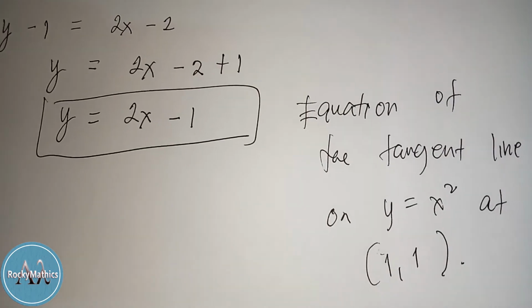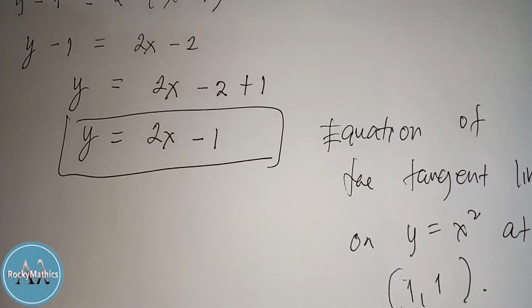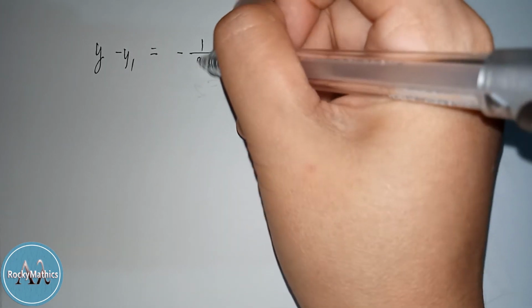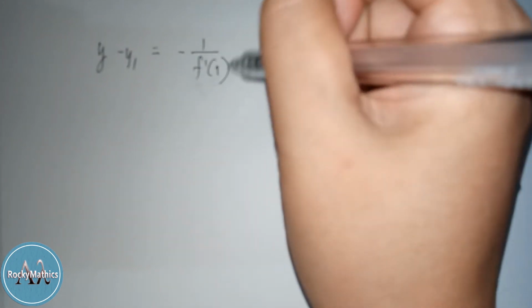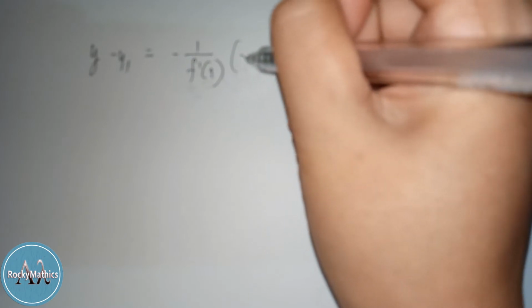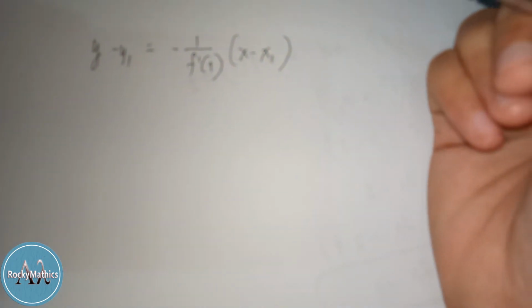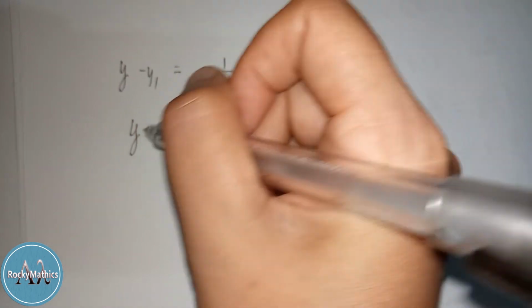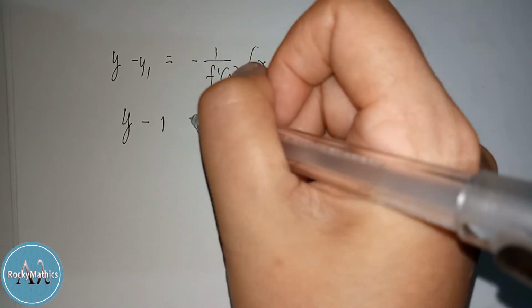How about the equation of the normal line? We just need to use the formula. The equation of the normal line is given by y minus y sub 1 equals the negative reciprocal of f prime of 1, which is m, times x minus x sub 1. So, our y sub 1 is 1.